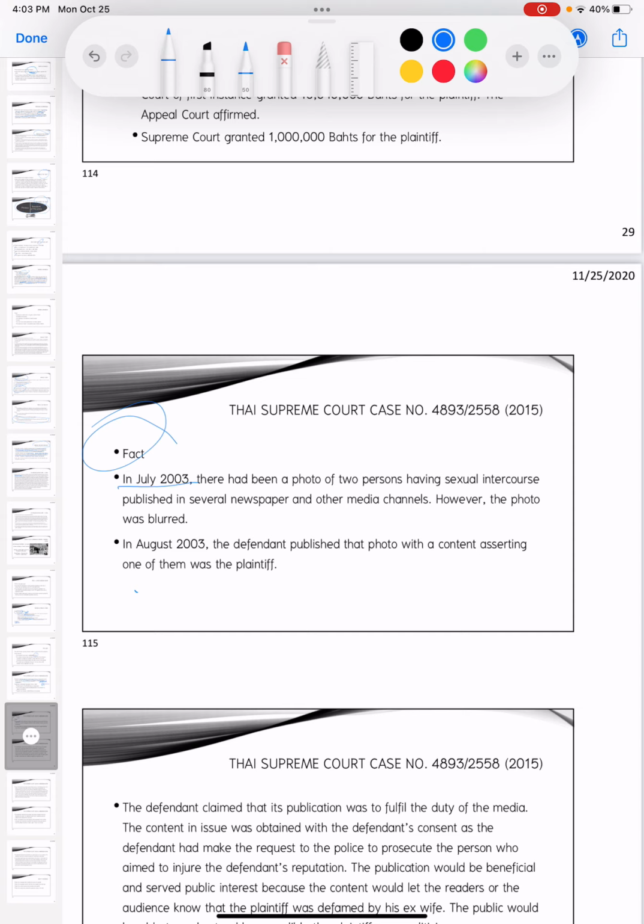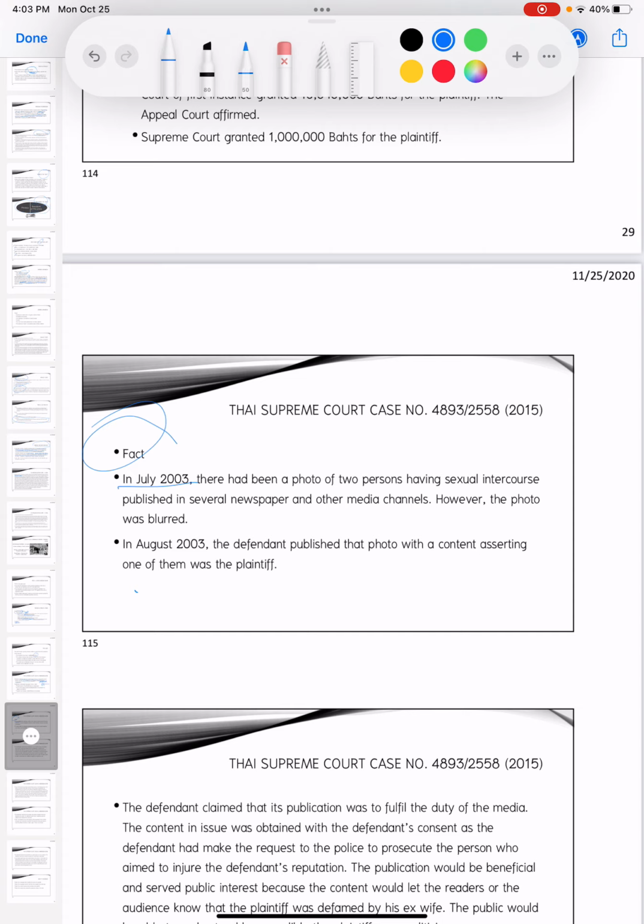Back in July 2003, a photo of two persons having sexual activity was published in several newspapers and other media channels. However, the photo was blurred, right? But the defendant, this newspaper being sued in this case, published that photo with content asserting that one of them was the plaintiff.